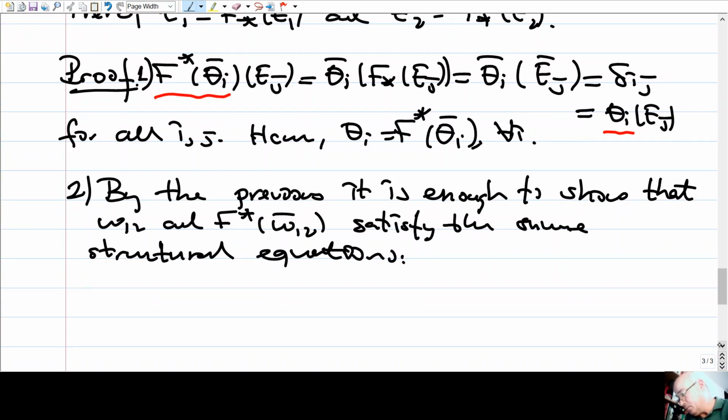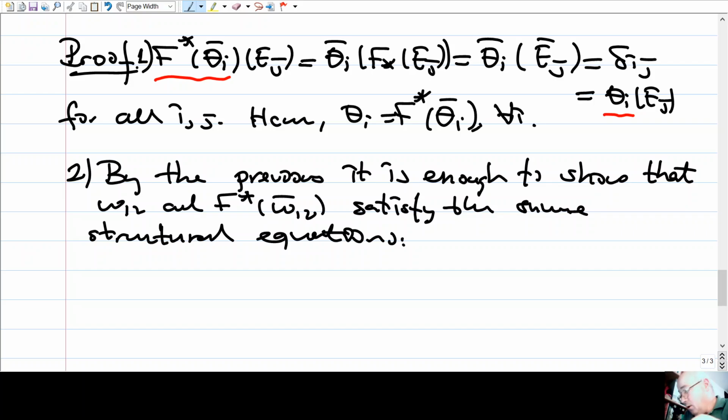Since we have d theta 1 bar, which is this, we know this because theta 1 and omega 1 2 are the dual form and the connection one forms for the transferred frame field.